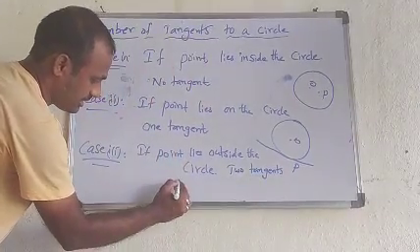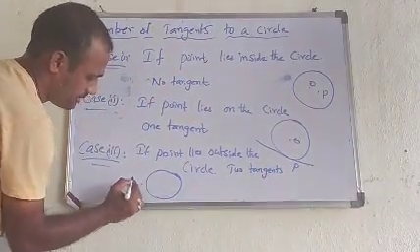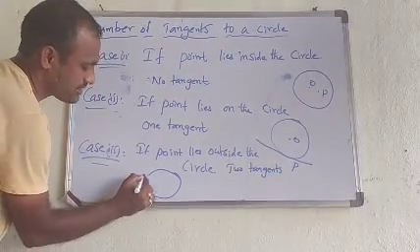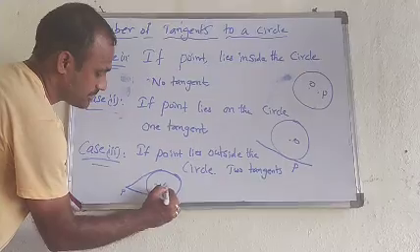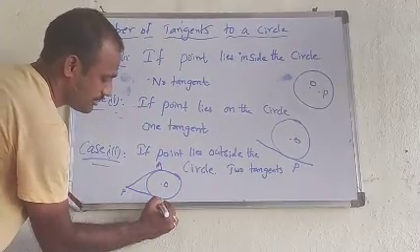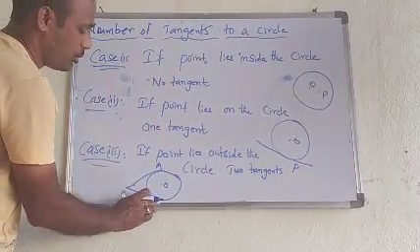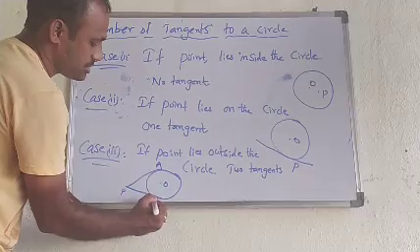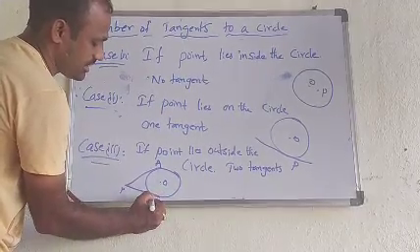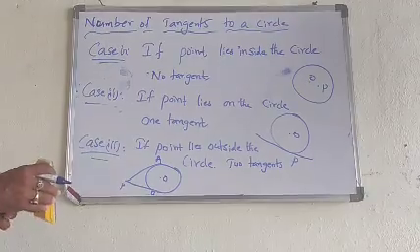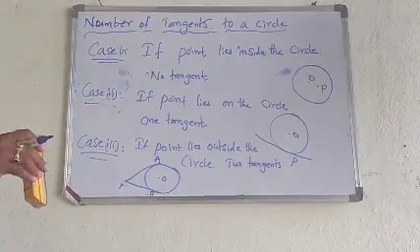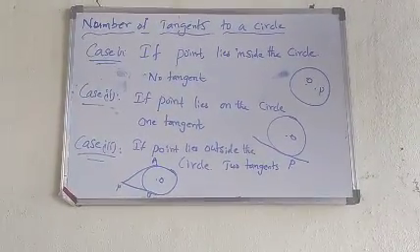Here we can see that this is the circle, and there is an external point. From this external point we can draw 2 tangents. This is the point P, this is O, this is A, this is B. So at most we can draw 2 tangents to a circle. These are the 3 cases of the number of tangents to a circle.